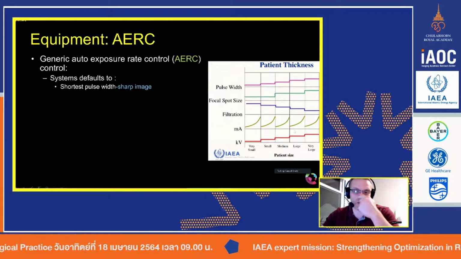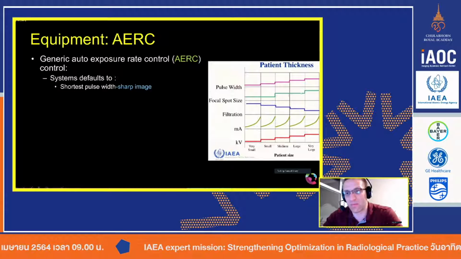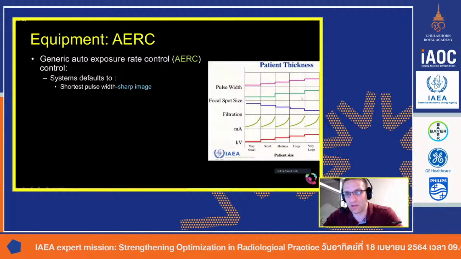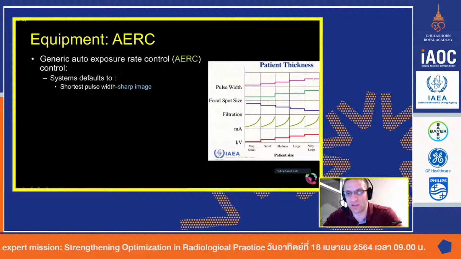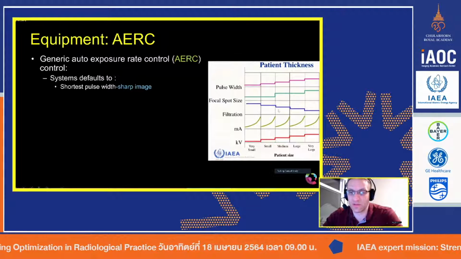You can see how as we go from a small patient to a large patient, how each of these parameters changes. Some go up: kV, mA, pulse width, they all increase. Well, actually focal spot size too. Some decrease, which is the amount of filtration.